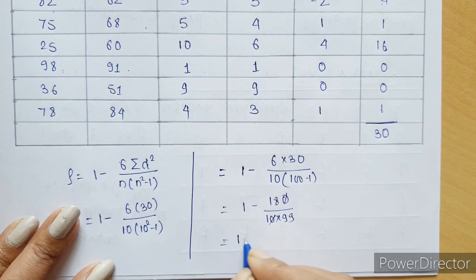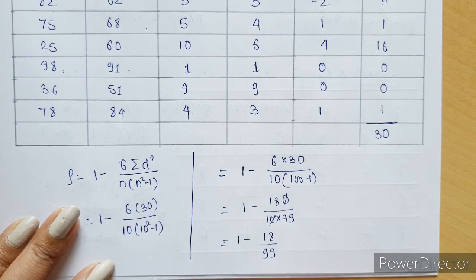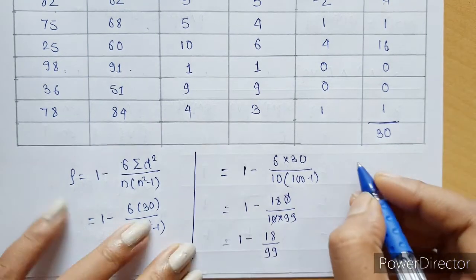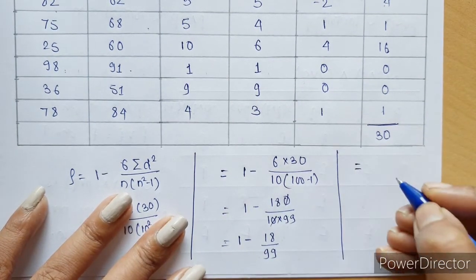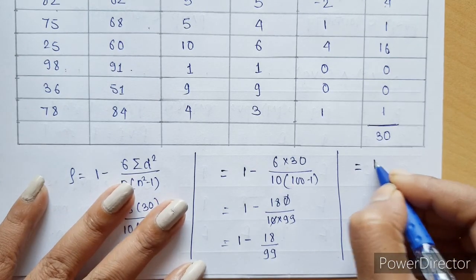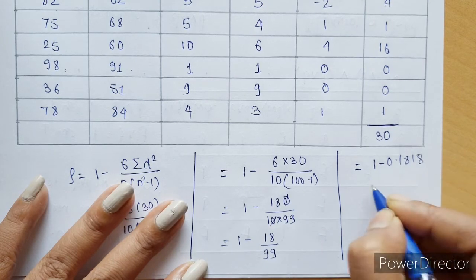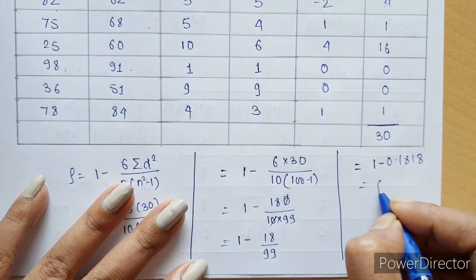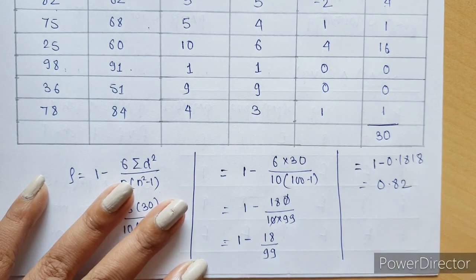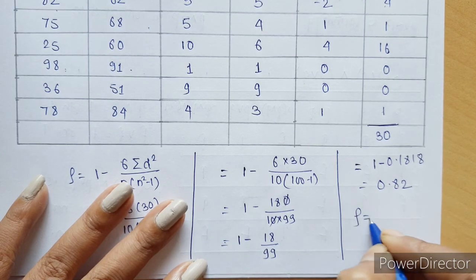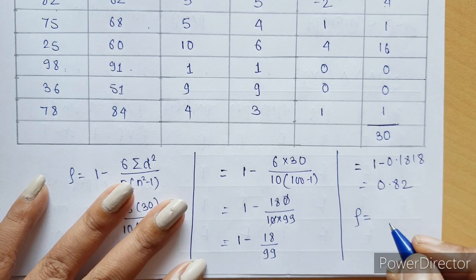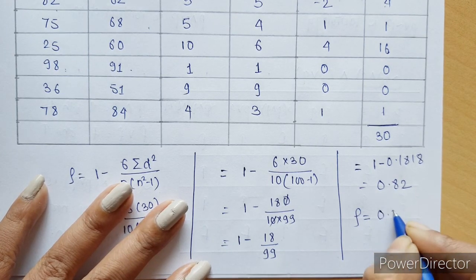Here again we have 18 upon 99. So what we are getting is 1 minus 0.1818. After subtracting, you will get approximately 0.82. So in this case, the rank correlation coefficient is 0.82.